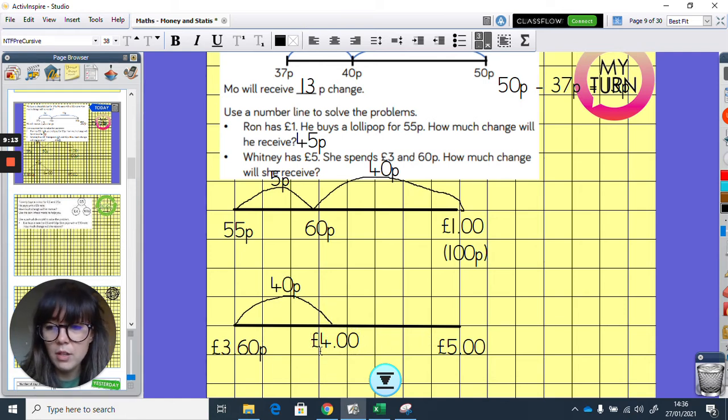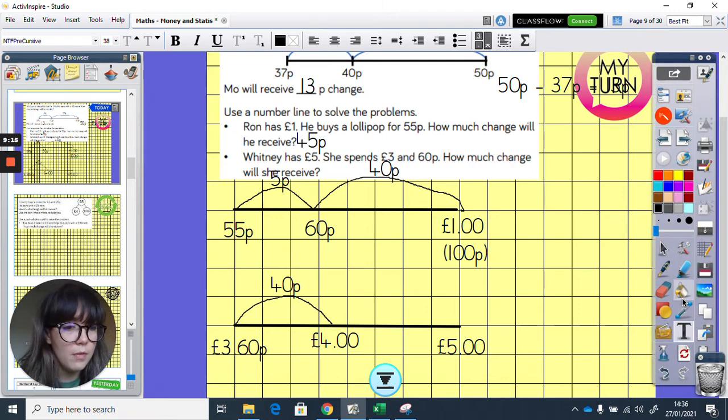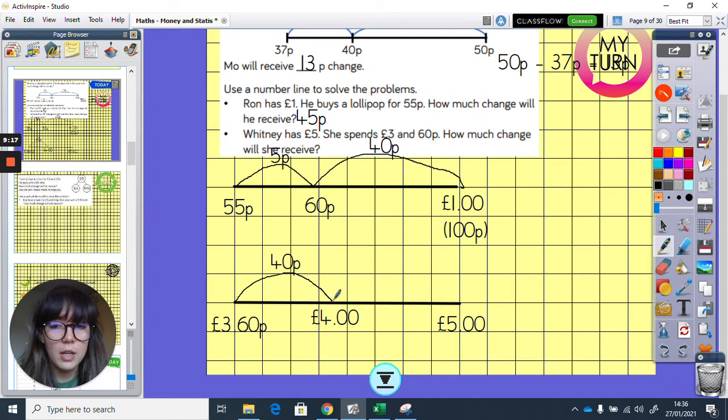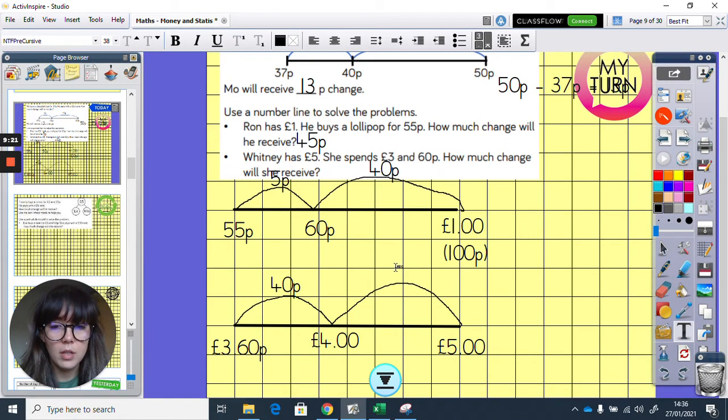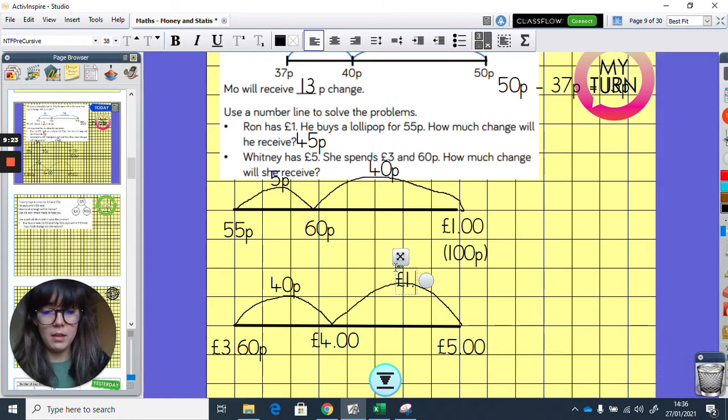I'm on £4 and I need to get to £5. So therefore, I need to do a jump of £1. So, my answer is going to be the two numbers added up together. £1 and 40p will equal £1 40p. Well done.